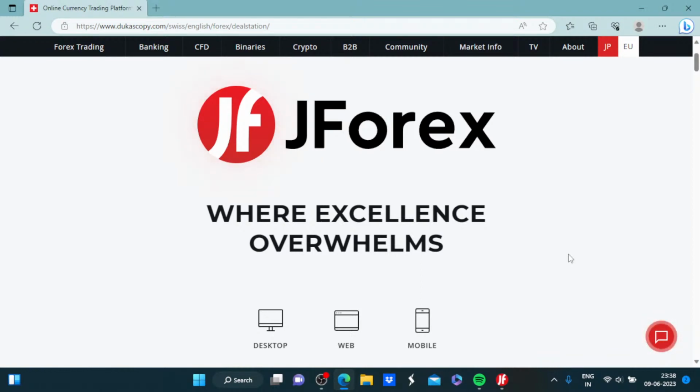In today's session of JForex Indicators Explained, I am going to continue to work with the Hilbert Transform series of indicators. Today it's the turn of Hilbert Transform Phasor components.